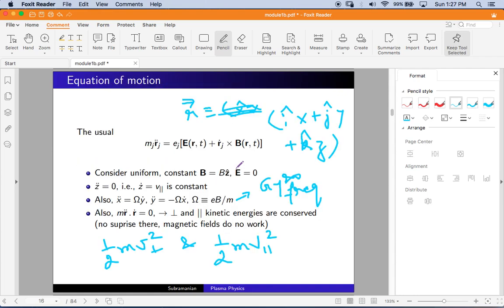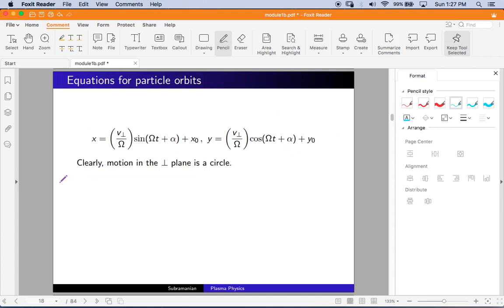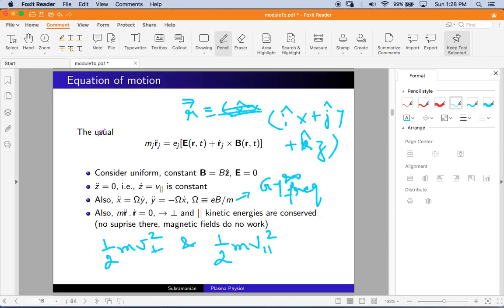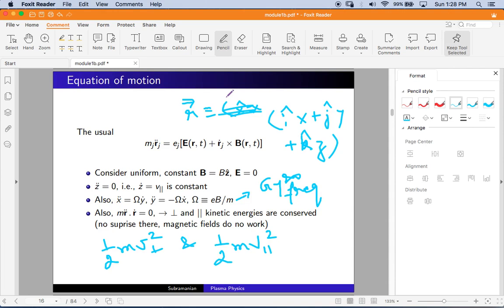And from these two, okay, the solution to this equation, the solution to the equation x double dot equals omega y dot and y double dot is equal to, I suppose, if I remember correctly, a negative sign.